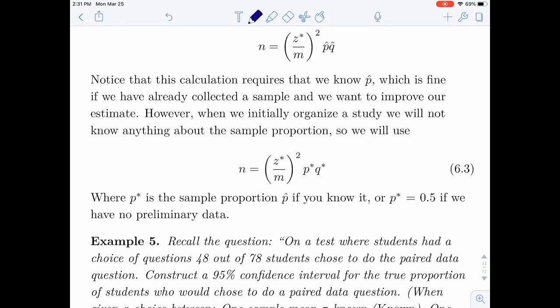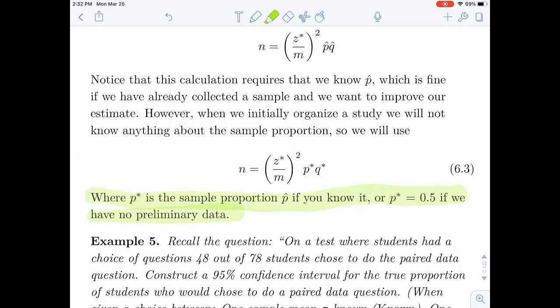And p star is the sample proportion p hat if you know it. So let's say you collect this sample every year, and then we say that we have this preliminary data that we're going to use for our p hat, and that's going to be our p star.